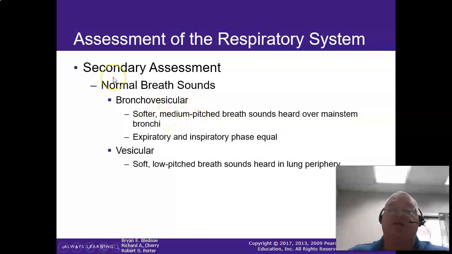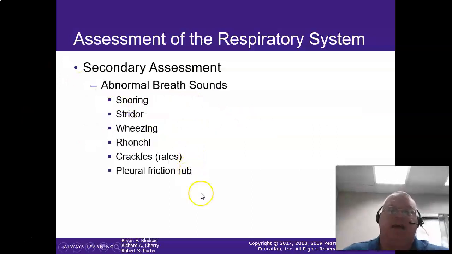And again, those are your bronchial. The bronchovesicular are the softer ones, where the expiratory and inspiratory phases are equal. So when I think of a normal breath sound, I think of bronchovesicular. If I hear the slower pitch, again, it's heard in the lungs peripherally. But guys, most of the time you're going to have this one right here, bronchovesicular sounds.